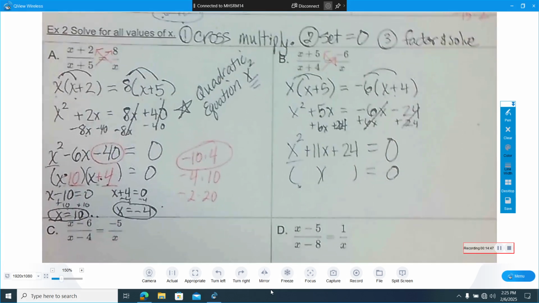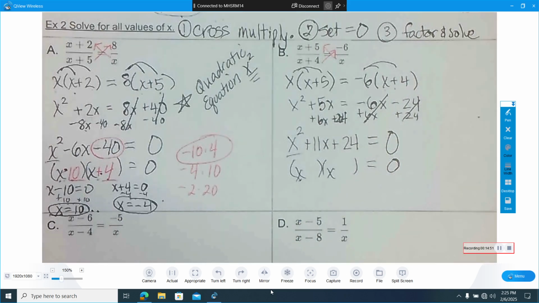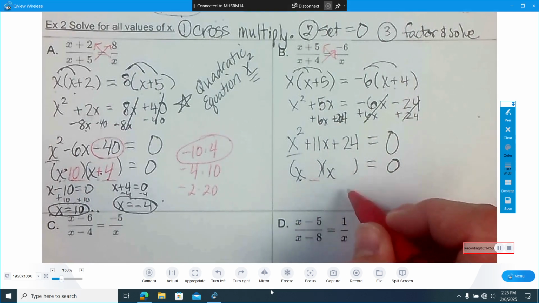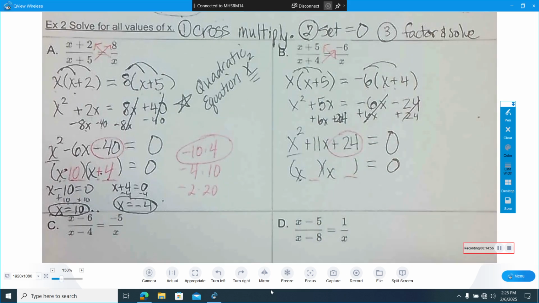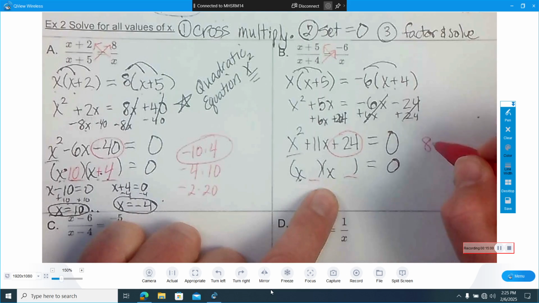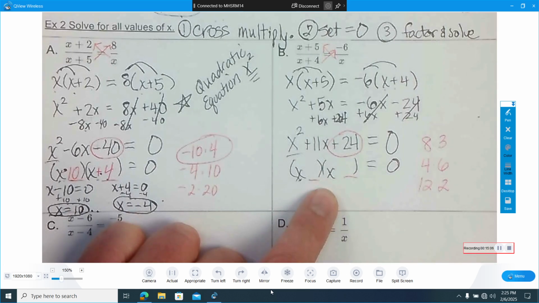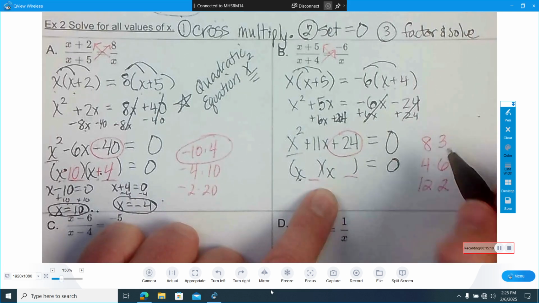What times what is x squared? x times x. And then last times last has to be positive 24. What times what is going to give us a positive 24? 8 and 3, 4 times 6, 12 times 2, 24. Lots of options there. Which one do we want? 8 and 3.